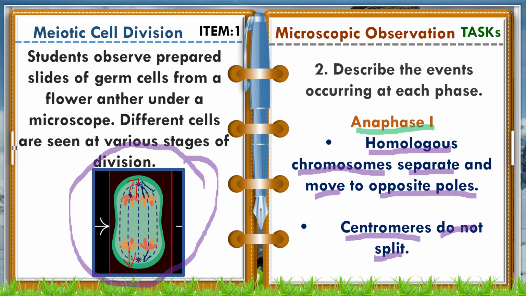In the middle there. That is the centromere. So the centromere of the chromosome does not split during anaphase 1. So that's what we are saying here. Centromere does not split in anaphase 1.